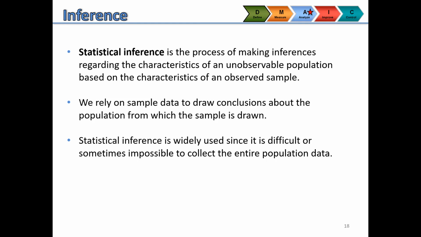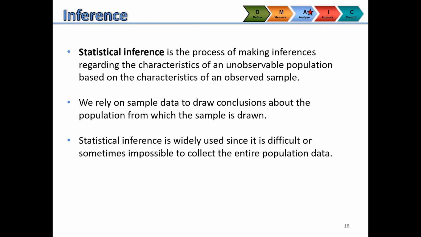Think about what you already do. You don't test every single part that comes through in quality control or quality assurance. That would be 100% inspection. Generally, we have a sampling strategy and we want to draw conclusions about the population just based on the sample.